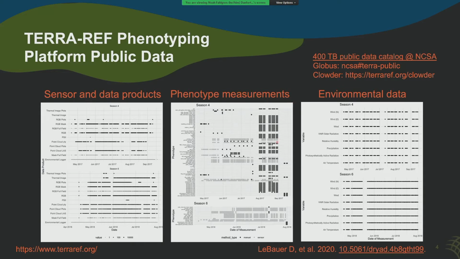So all the black dots, for instance, represent manual phenotypes that have been collected as ground truth data. And then gray dots represent automated or computational measurements that are available, but could be used as benchmarks for comparing other methods. And so these data in total are available over 2 field seasons.